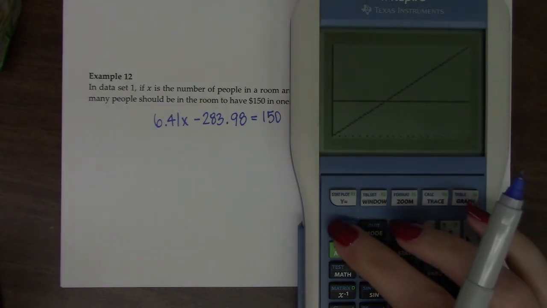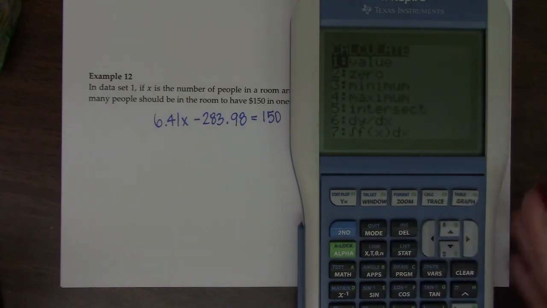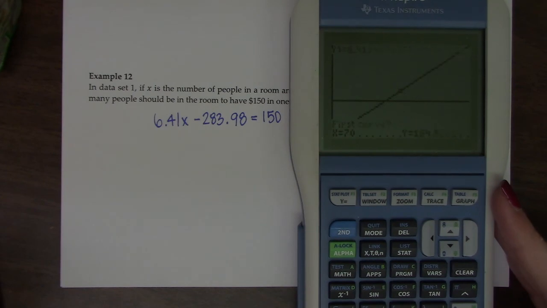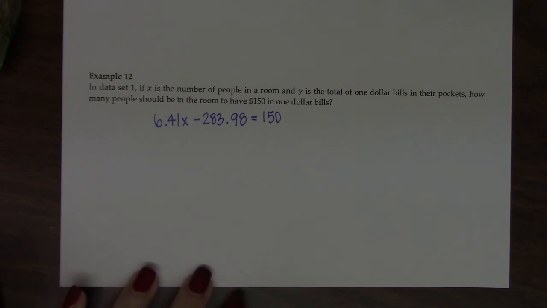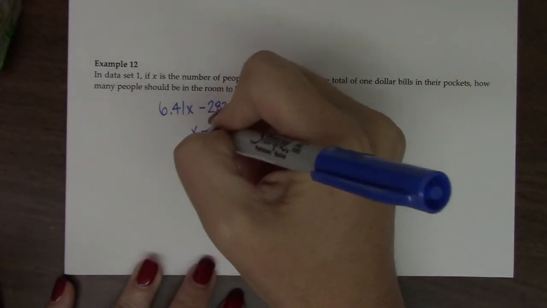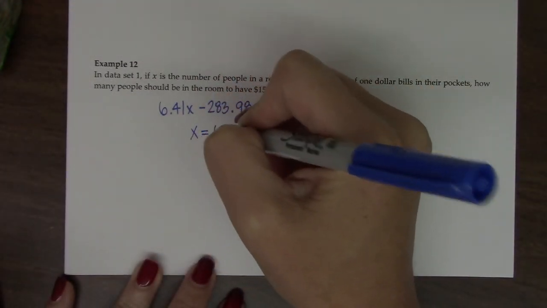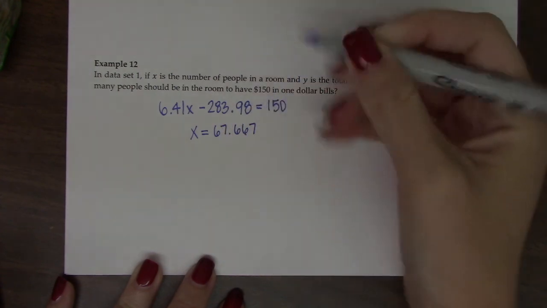So now if I go to second, calculate, intersect, it grabs the first line, the second line, it says guess, and we see it's 67.667 people. So X is 67.667 people.